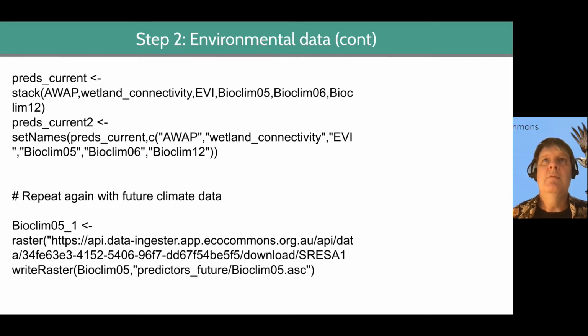And so we've used WorldClim compatible current climate data with WorldClim compatible future climate data. And we're using the same variables. So we're finding bioclim 5, but that's predicted under an emissions scenario of RCP 2.6 or whatever it might be, right?